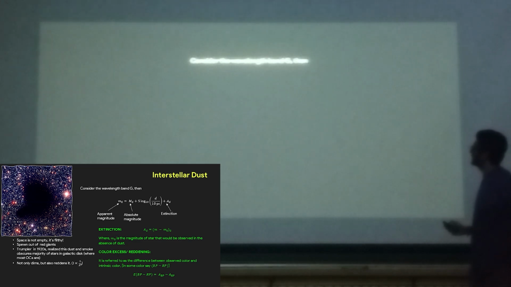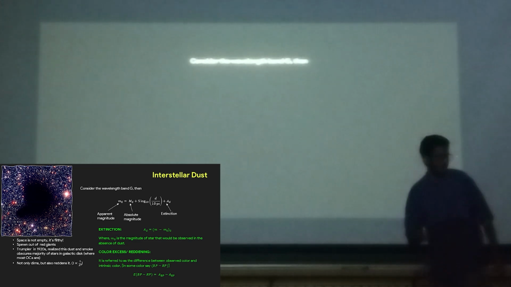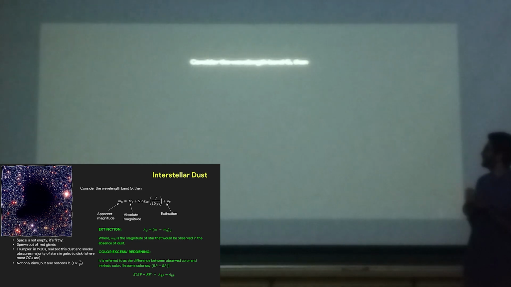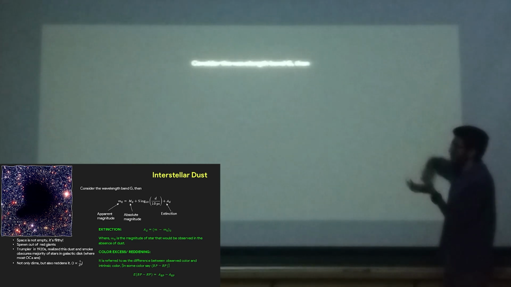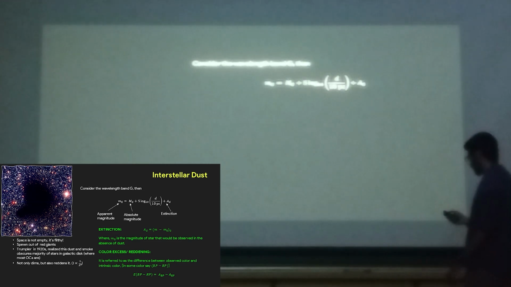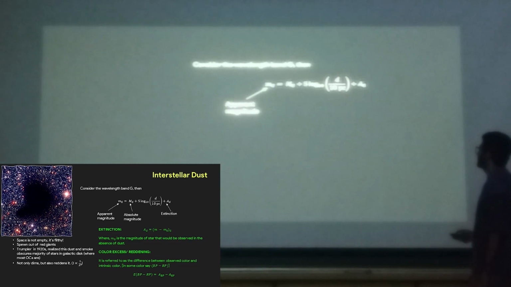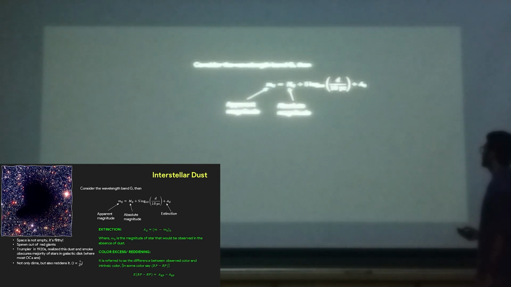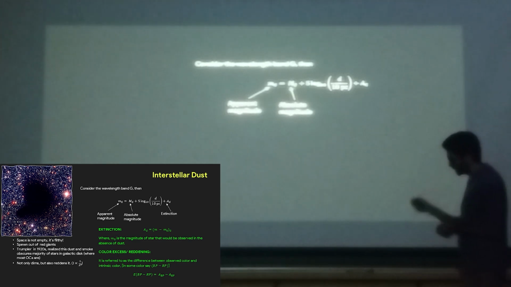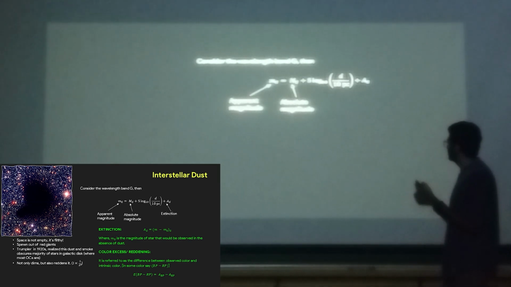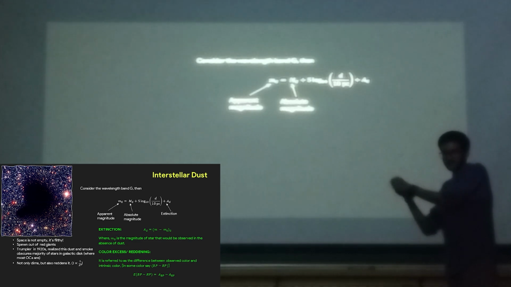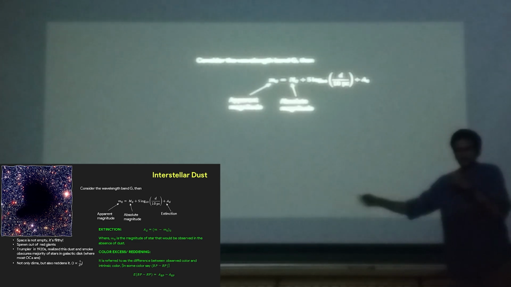So consider the wavelength band G. A wavelength band is a band of wavelengths, like a Gaussian, centered around a particular wavelength. We have this equation where the first term is the apparent magnitude and this is the absolute magnitude. Apparent magnitude is the brightness of a star that we see here on Earth, and absolute magnitude is the brightness the star would possess if it were at a distance of 10 parsec from the Earth.